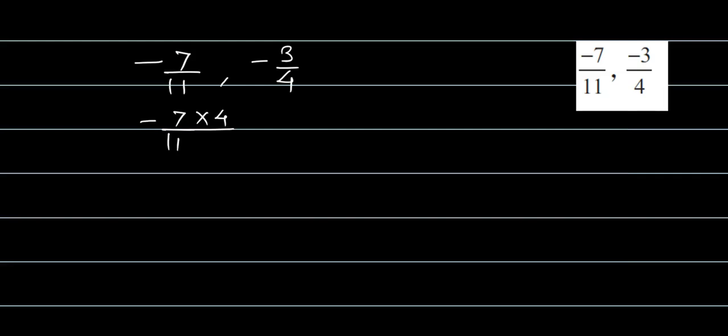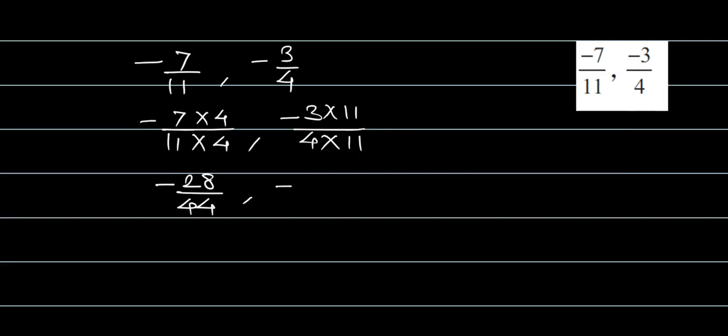That is 7 into 4 upon 11 into 4, and minus 3 into 11 upon 4 into 11. That is minus 28 upon 44, comma, minus 33 upon 44.